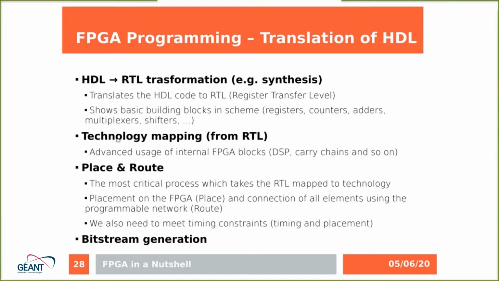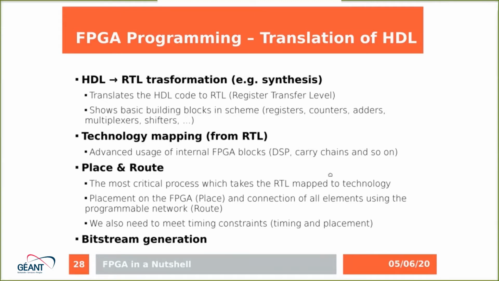After that, when we have the RTL scheme, we can start with the technology mapping from the RTL, which is very typically the translation of asynchronous circuits into the lookup tables. The technology mapping algorithm can identify parts of the code where a DSP can be used, or for example, that we can use the carry chains and so on.